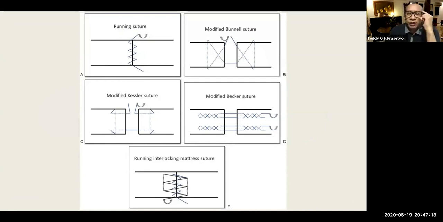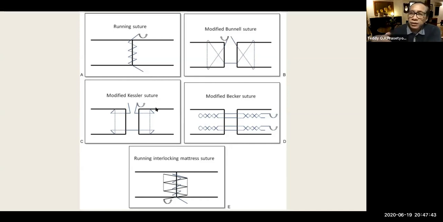So many of you, I think most of you still realize that the modified Kessler technique is the easier technique for us because we were taught to use this modified Kessler. Until now, I still practice this modified Kessler suture technique as my main armamentarium to repair the tendon.